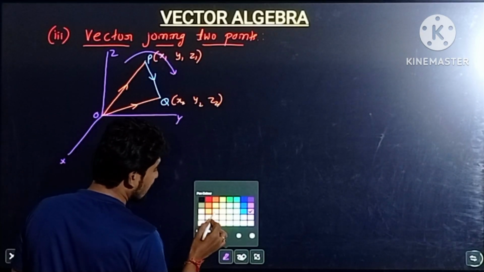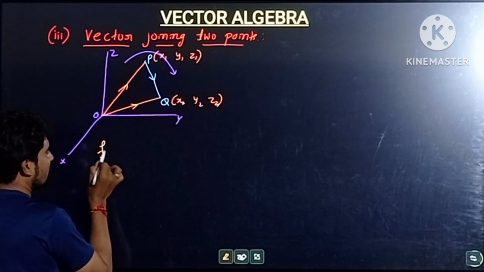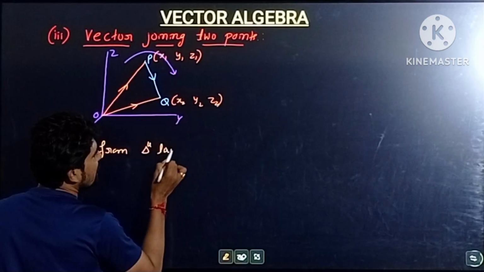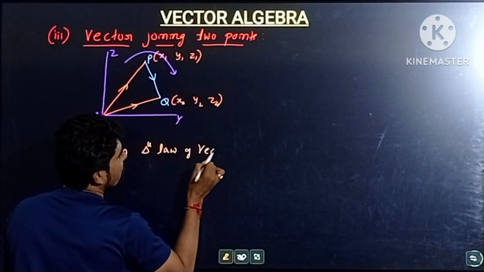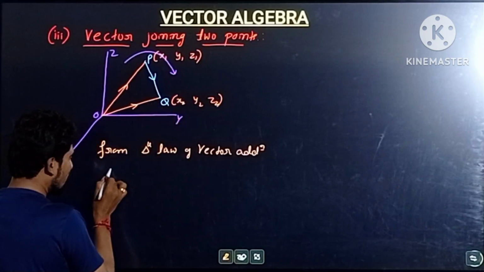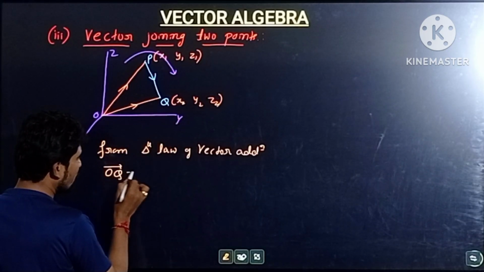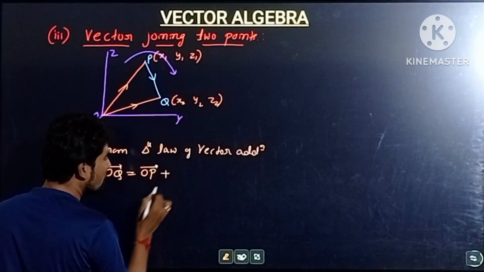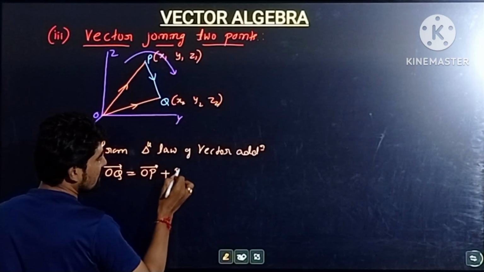Therefore, from the triangle law of vector addition, OQ vector is equal to OP vector plus PQ vector.